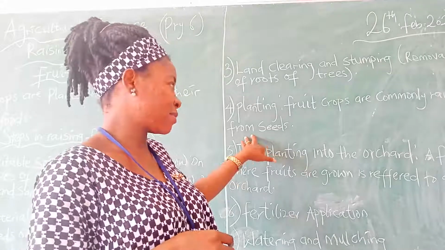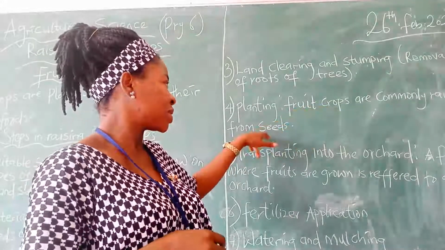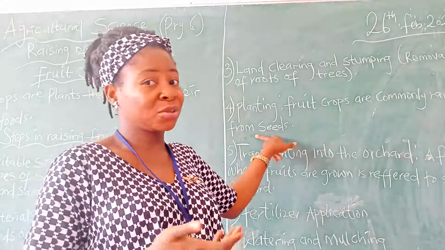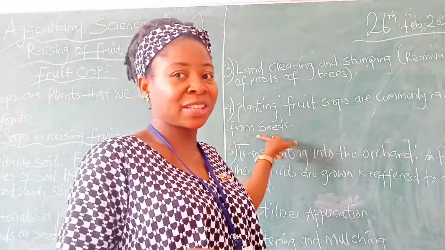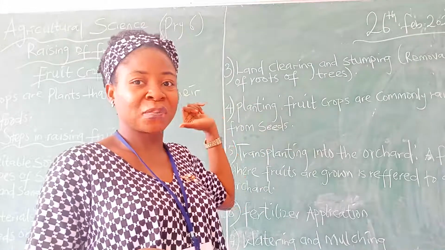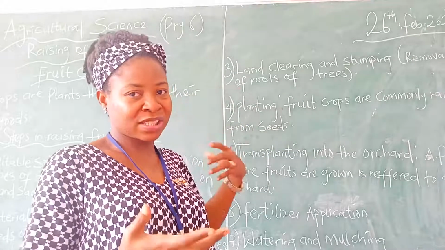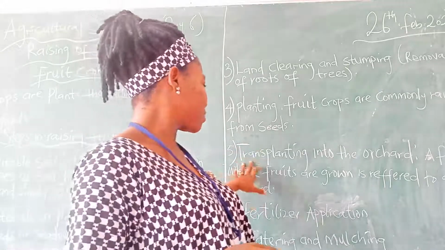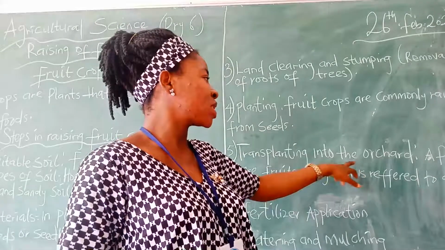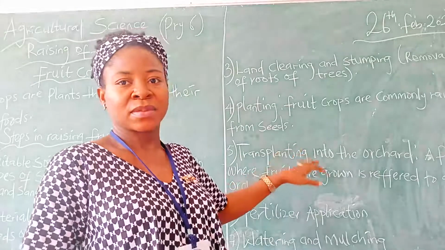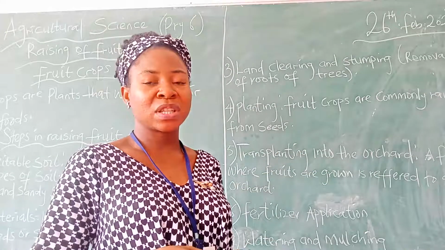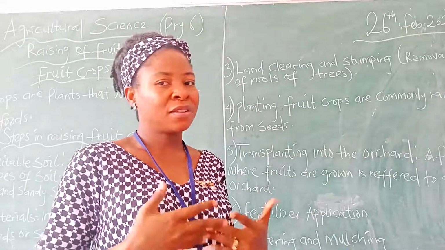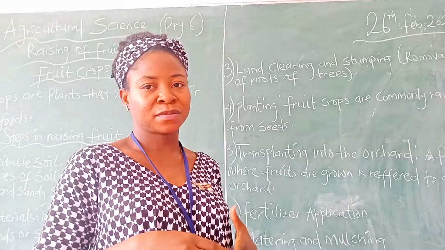Fruit crops are commonly raised from seeds, and you do that from the seeds. Like we said in the second step, you choose your seeds. Then the fifth one is transplanting into the orchard. Now, an orchard is a place where we plant our fruits.